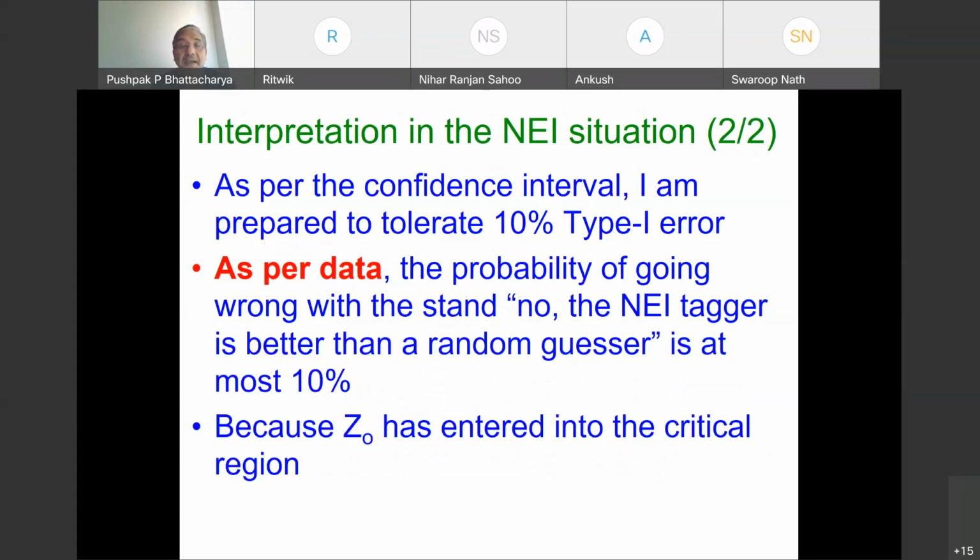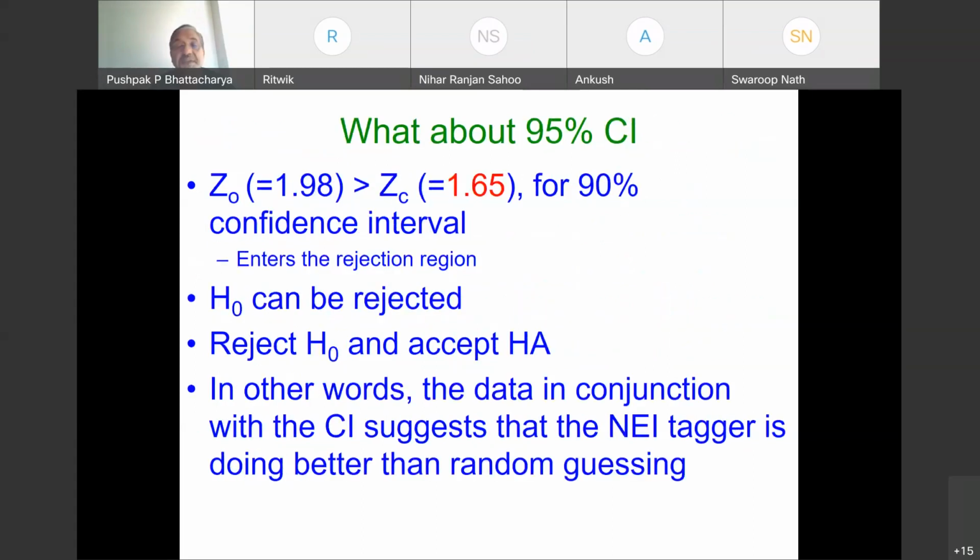And as per data, the probability of going wrong with the statement that the named entity identifier tagger is better than a random guesser is at most 10%, because Z observed has entered into the critical region. Okay. Now, when Z observed is more than Z critical, why can we reject? That is another discussion which needs to be conducted.